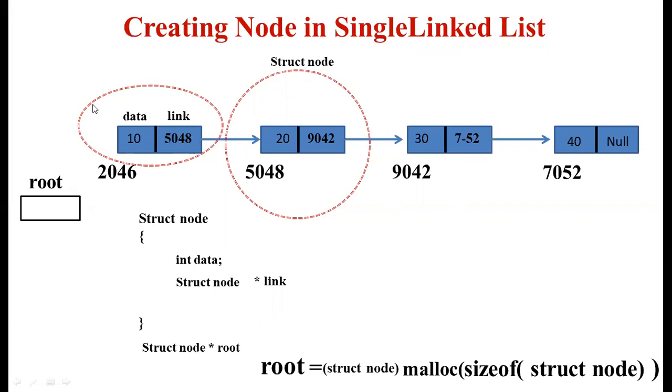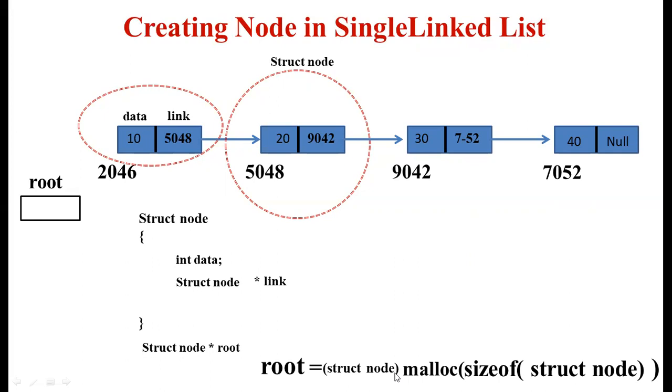So the malloc function is returning the void pointer, which we are collecting into the variable root. Here root is of type what? Here root is of type struct node pointer. So we are typecasting this void return type to struct node pointer, because root is struct node pointer type. So this is what we call typecasting.